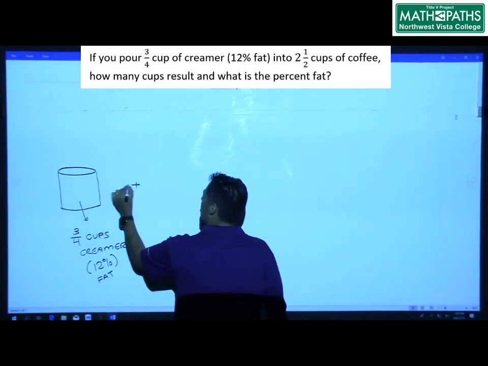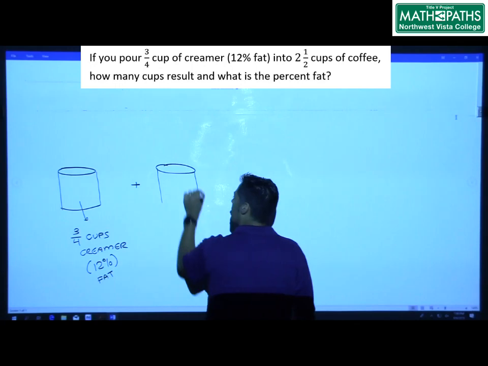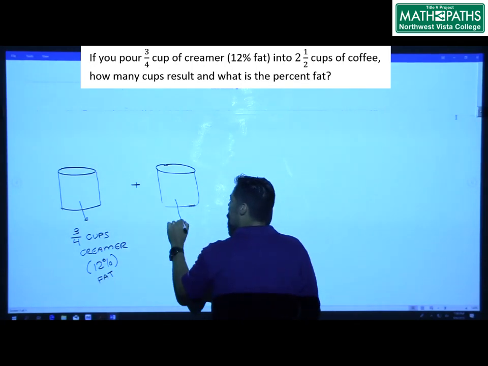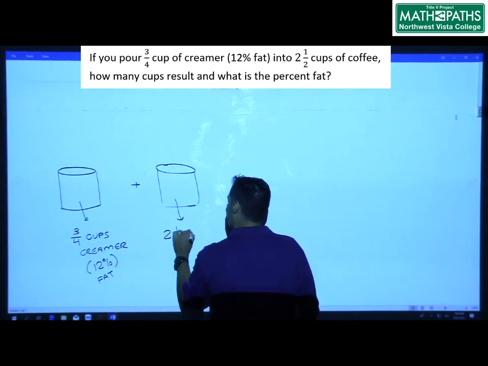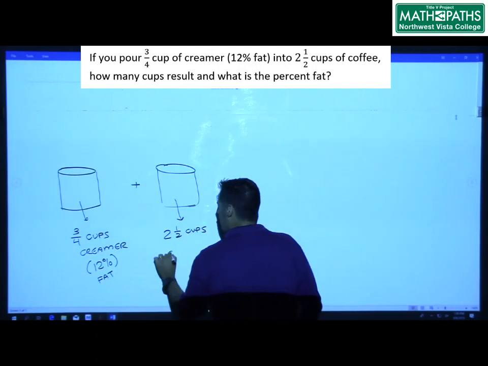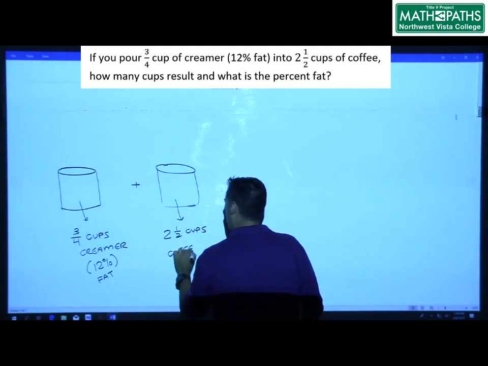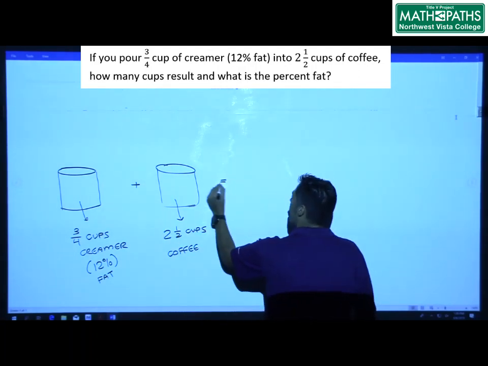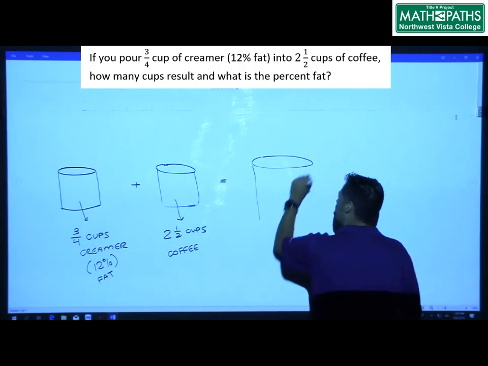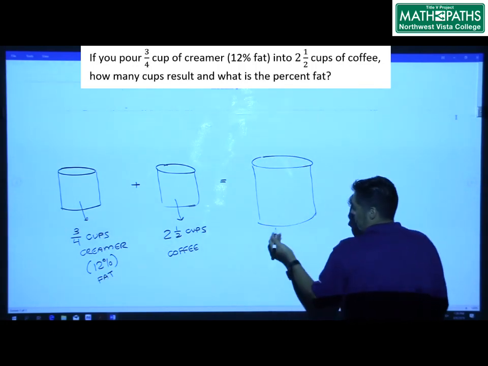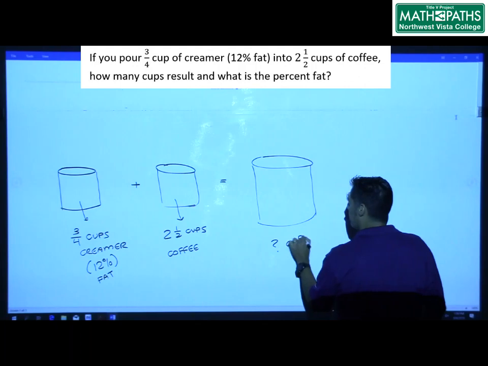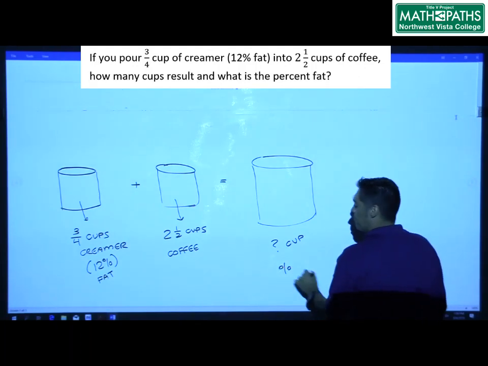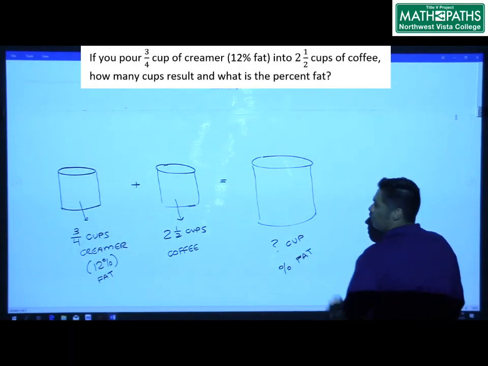And then what we're going to do is add that to another container that has 2.5 cups of just coffee. When we add those two together, we're going to get a final mixture that has so many cups and a certain percentage of fat in it.